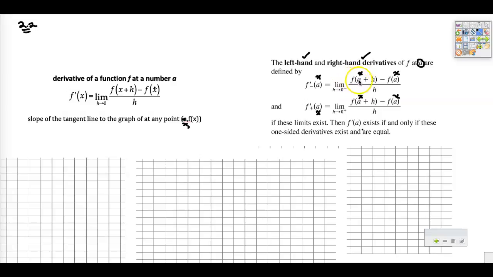So this could be f of x plus h minus f of x all over h. And then this is the right-hand derivative. And look at the limit notation as h approaches 0 from the right. And again, a and x are interchangeable. So f prime of a exists if and only if these one-sided derivatives are equal. And so I'm going to pause here.